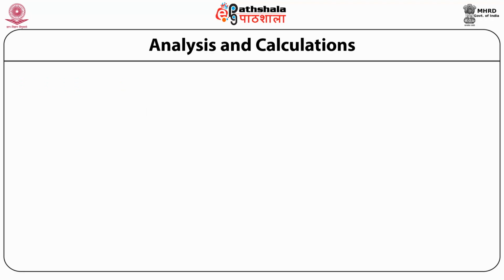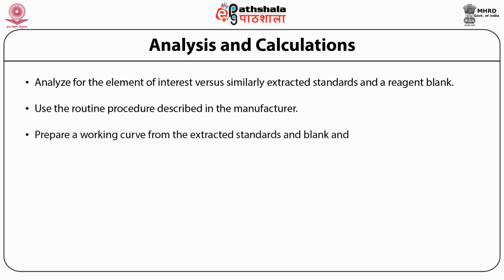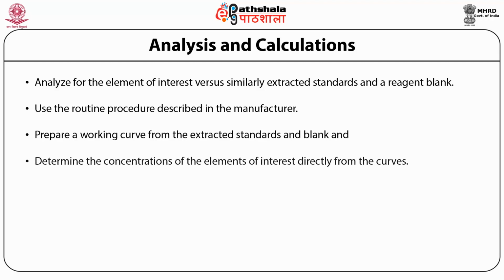The analysis and calculation of lead in soil: the analysis of the element of interest is done in a similar fashion as for the extracted standard and reagent blank. The routine procedure as described by the manufacturer is followed. A working curve is prepared from the extracted standard and blank and the concentration of lead is determined directly from the calibration curve.